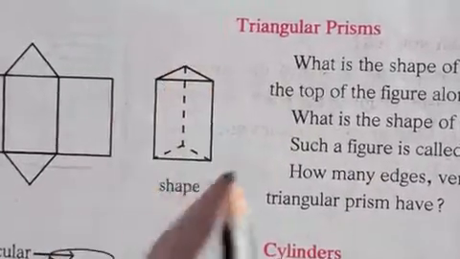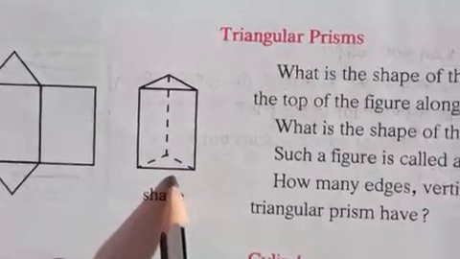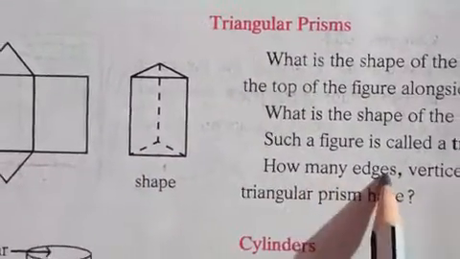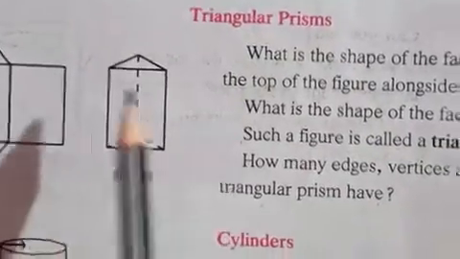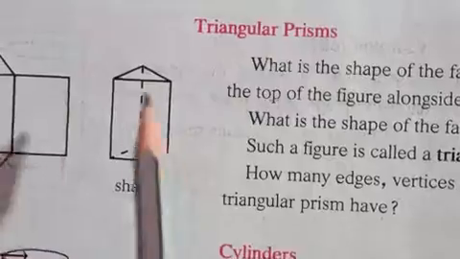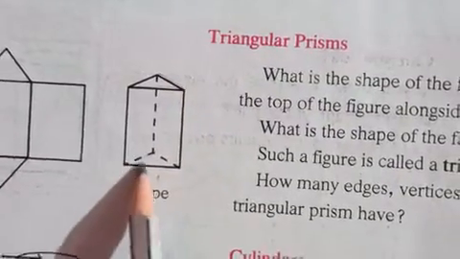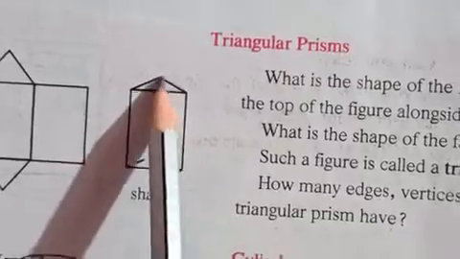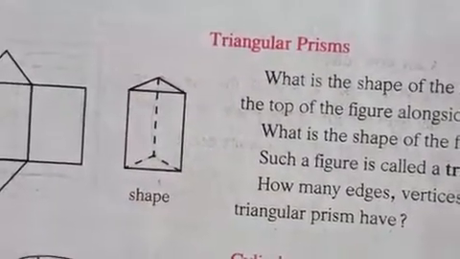So now this is the shape, and this shape is known as a triangular prism. How many edges, vertices and faces does a triangular prism have? How many edges? Now we'll see edges: 1, 2, 3, 4, 5, 6, 7, 8 and 9.